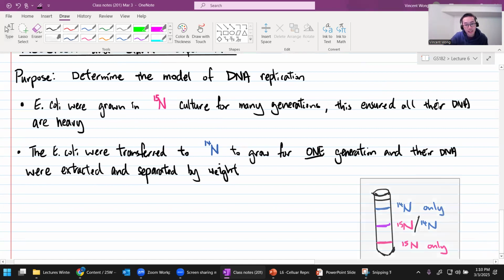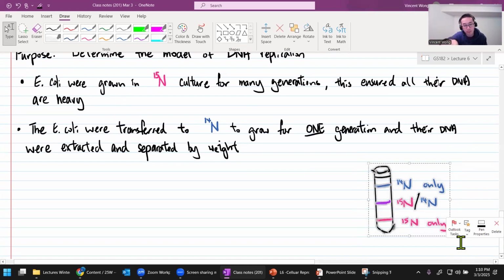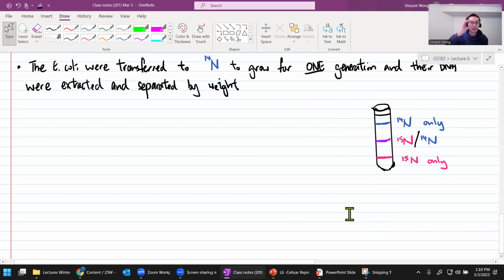Everyone else understand this thing over here? The rest of the notes is going to be based on the understanding of this. The 14, 15, 14, and 15. Everybody good with this? All right. So what's happening?